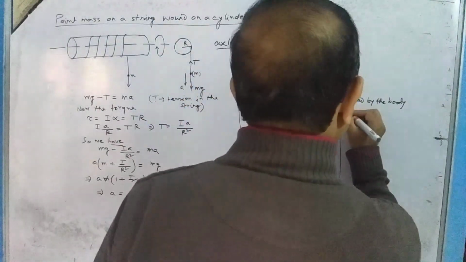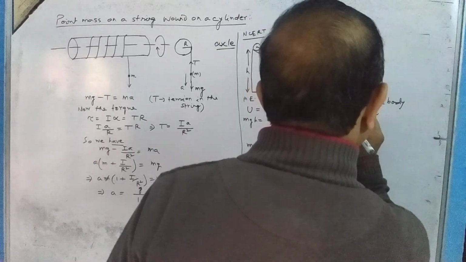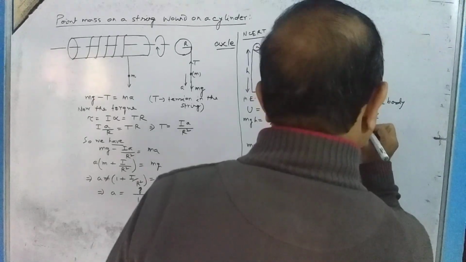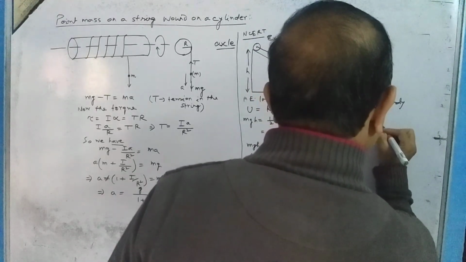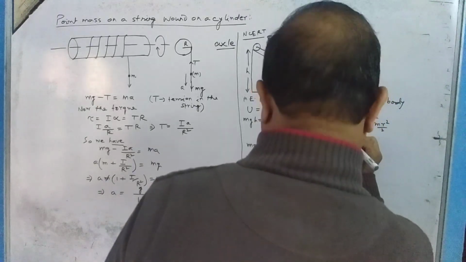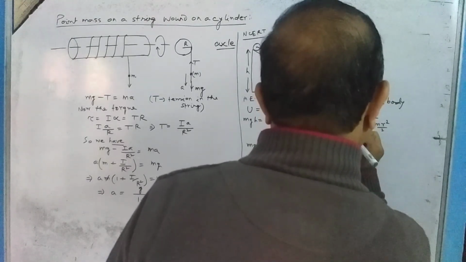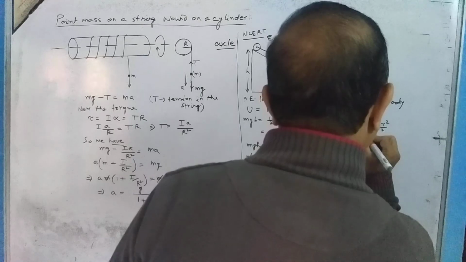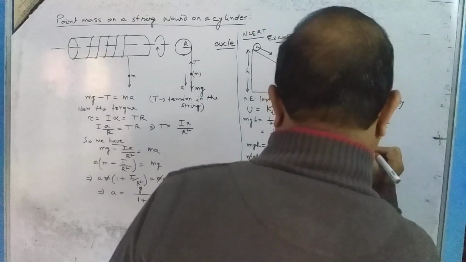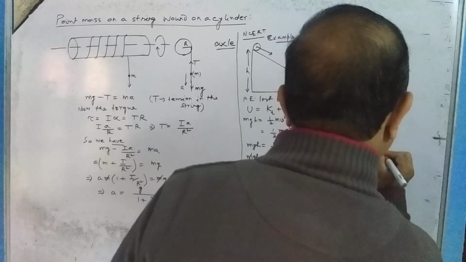Solid cylinder. If you take the case of the solid cylinder, I is equal to mk square is equal to mr square by 2. Then v square for the solid cylinder is equal to 2gh by 1 plus r square by 2 into r square.